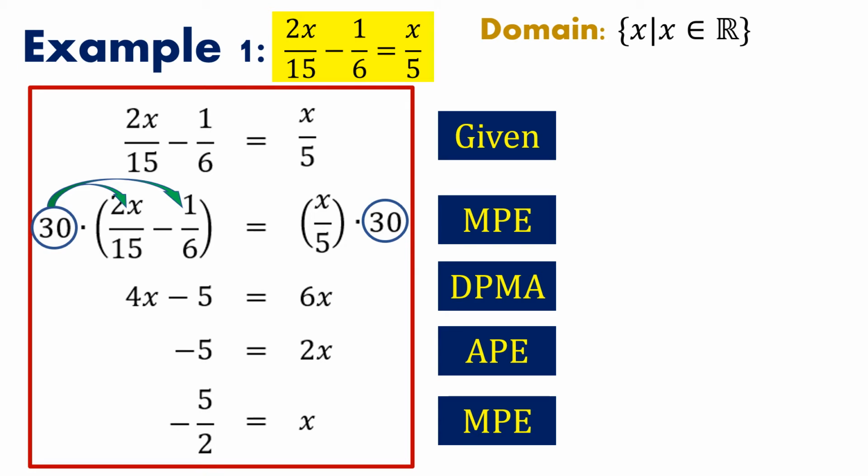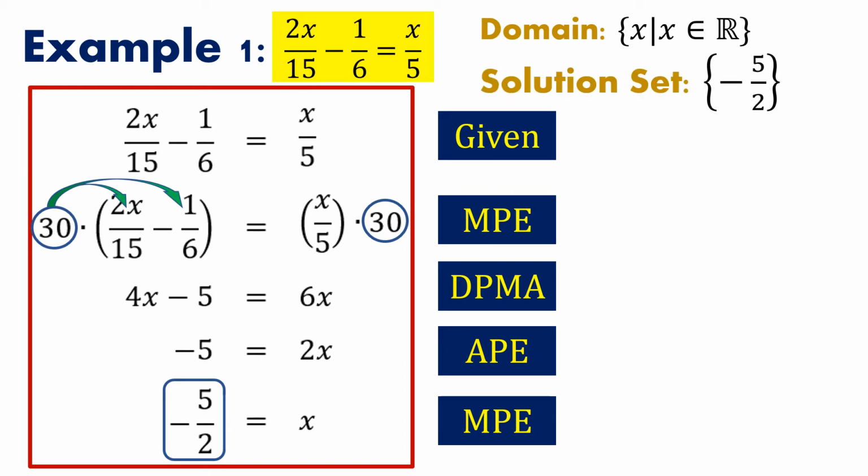Finally, we apply the multiplication property of equality and divide both sides of the equation by 2. Note that negative 5/2 is an element of the domain. Therefore, the solution set of the rational equation is the set containing negative 5/2.